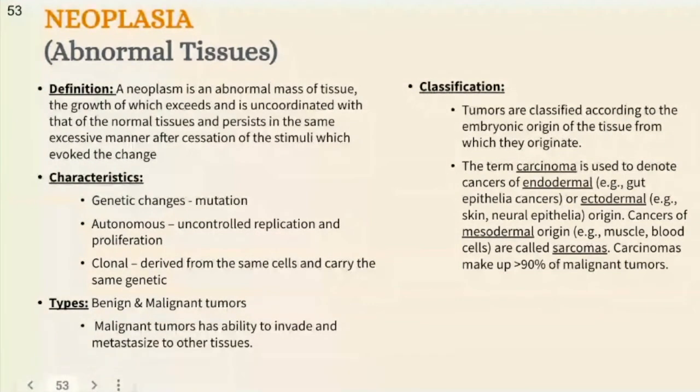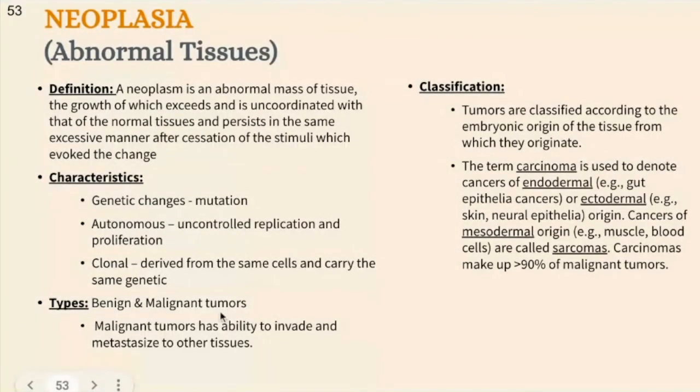A normal cell has a very balanced replication and cell death. But in the abnormal tissue, the replication and proliferation is too high. It becomes uncontrollable, so the tissue becomes a mess, a tumor.